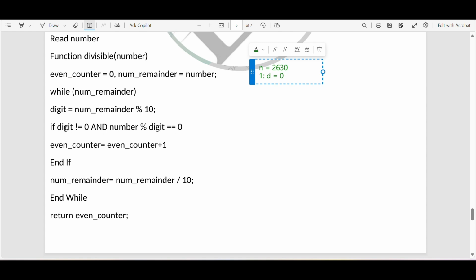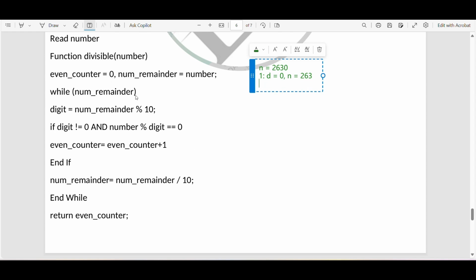When you see this, digit is equal to 0 here, so there is no need to check this one. We'll be ending the if, right? And next we have num reminder equals num reminder divided by 10. That means this num reminder will become 263. This is iteration 1.